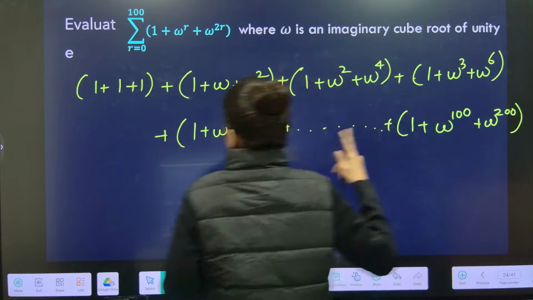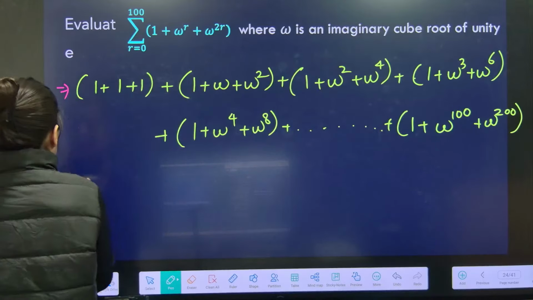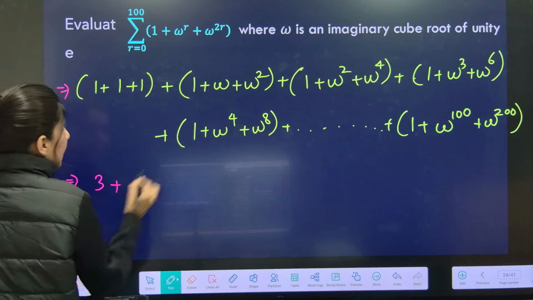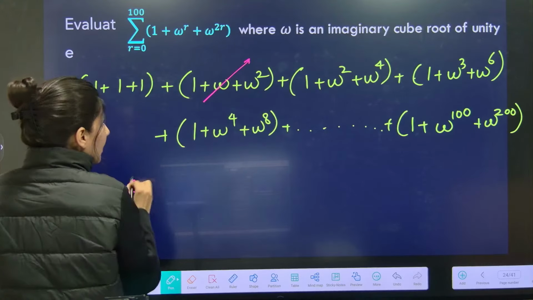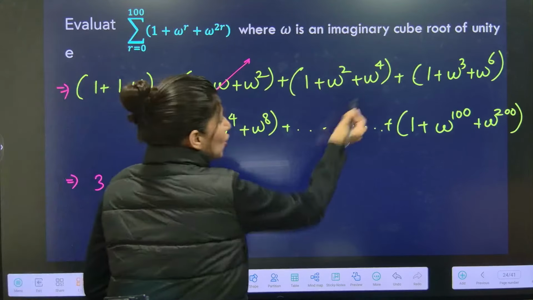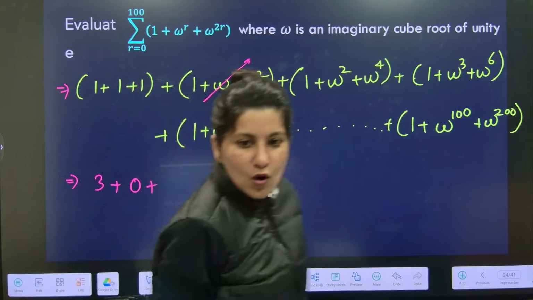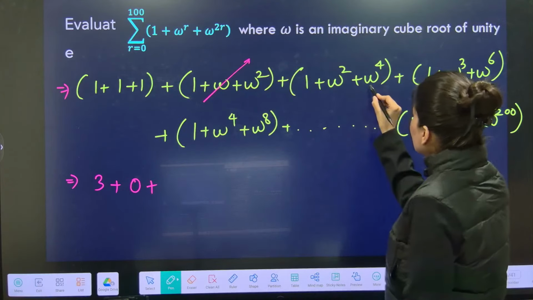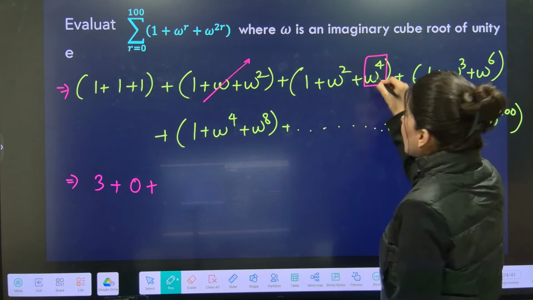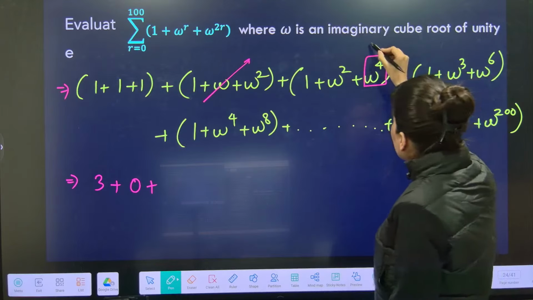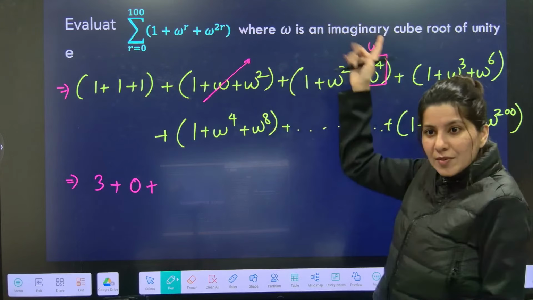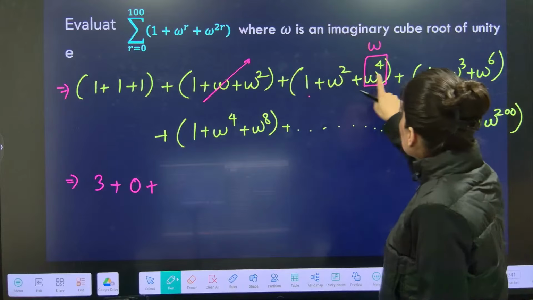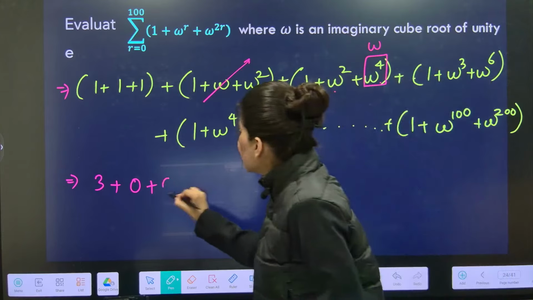Let's see. The first thing is giving me 3. Second thing is giving me 0. Third thing over here, can you see omega power 4? Omega power 4 is nothing but omega cube into omega. Omega cube is anyway 1, so this will be just omega. So again, 1 plus omega plus omega square, this is again 0.